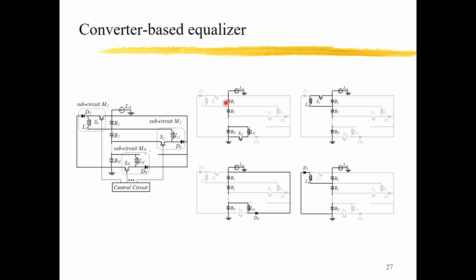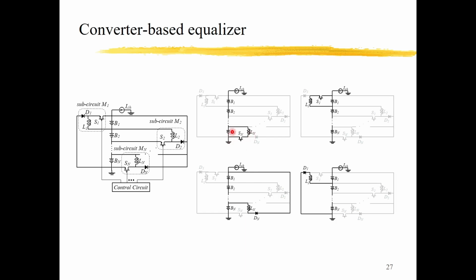This is a method I proposed a few years ago, and in this method there is only one switch for each cell. So we reduce the switch number. However, by this method, we cannot directly transfer the energy to the target cell.